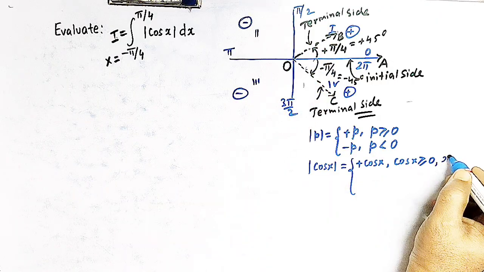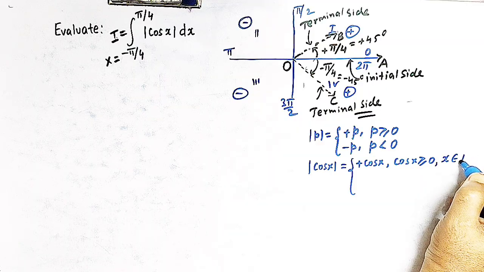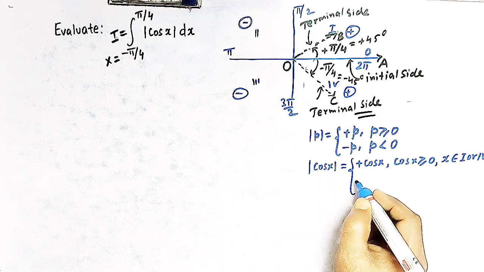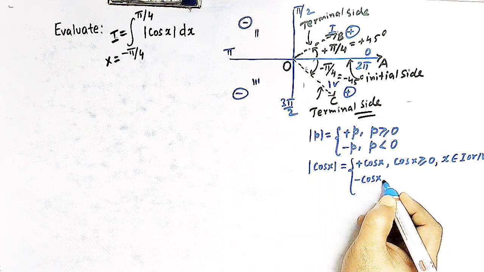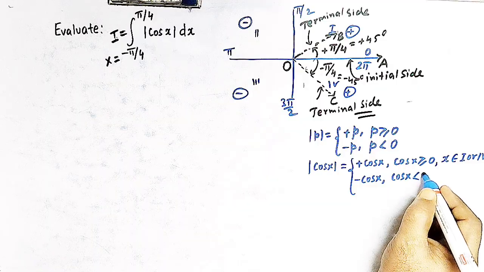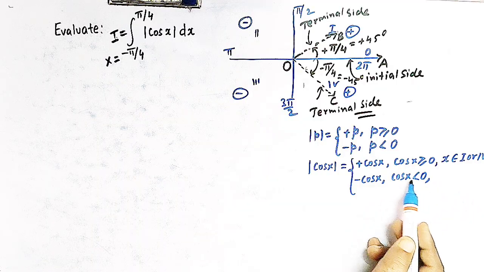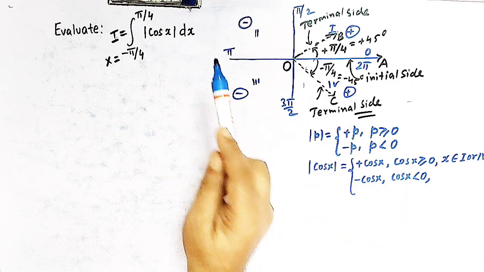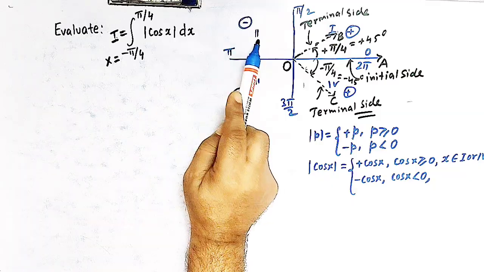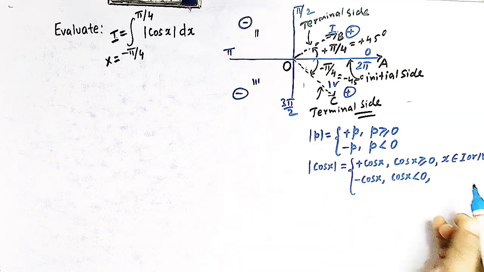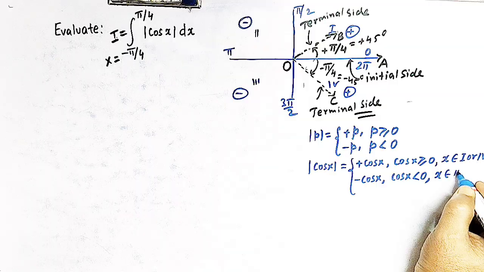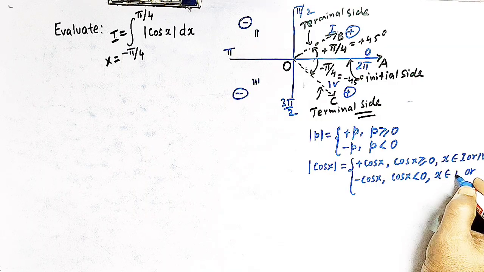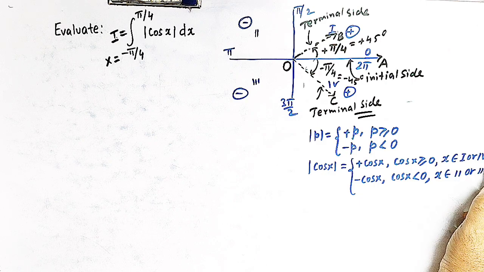That is when x belongs to either the first quadrant or the fourth quadrant, and mod of cosine x is equal to negative cosine x when cosine x is less than 0, that is cosine x is negative when x belongs to the second or the third quadrant. So here x belongs to either the third quadrant or the second quadrant. So here we write second quadrant and here we write the third quadrant.